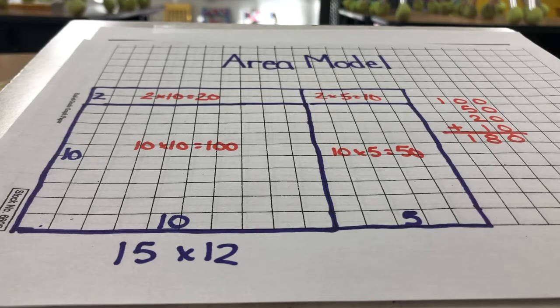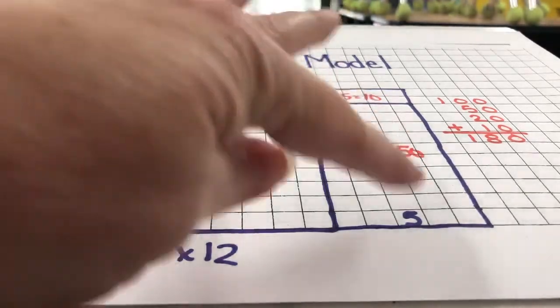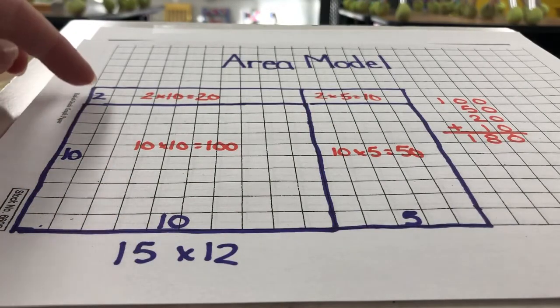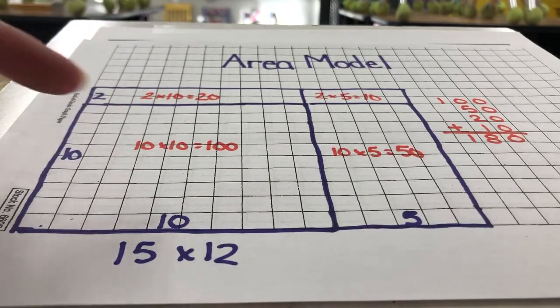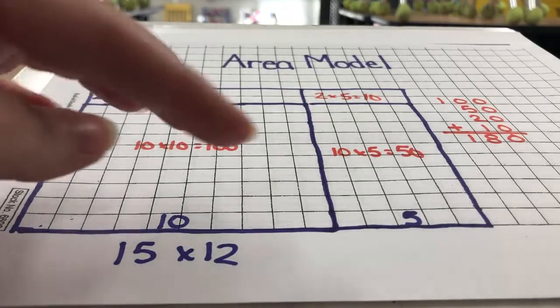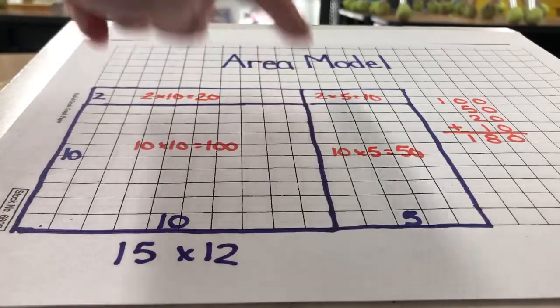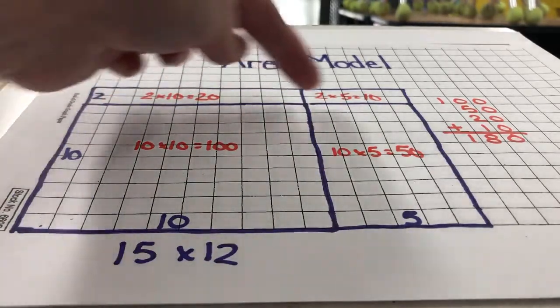We started by decomposing the numbers 15 and 12, and we decided 15 would be easily decomposed into 10 and 5, and 12 would be easily decomposed into 10 and 2. Once I decomposed those, I separated the 10 and 5 right here and the 10 and 2 right here.